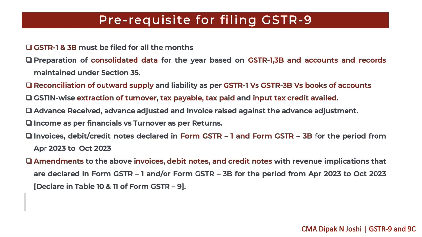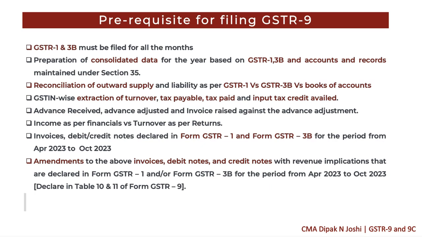The very first requirement of filing GSTR 9 is that GSTR 1 and GSTR 3B for the financial year, for all the months, should be filed by the registered person. If a registered person has not filed any GSTR 1 or GSTR 3B, then the portal will not open the window for filing GSTR 9 and GSTR 9C.